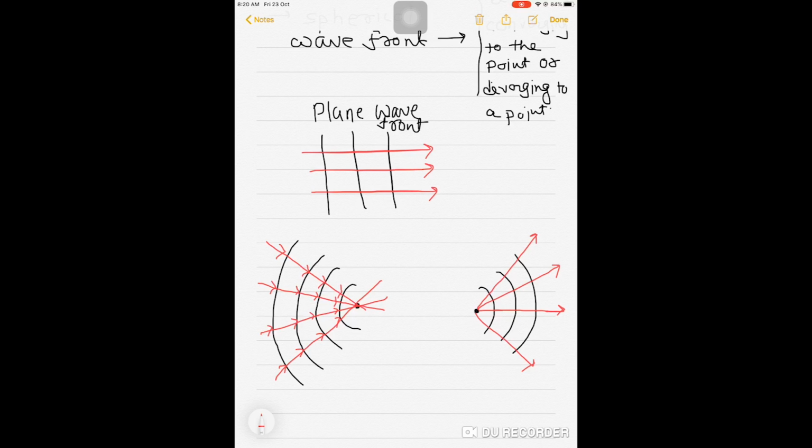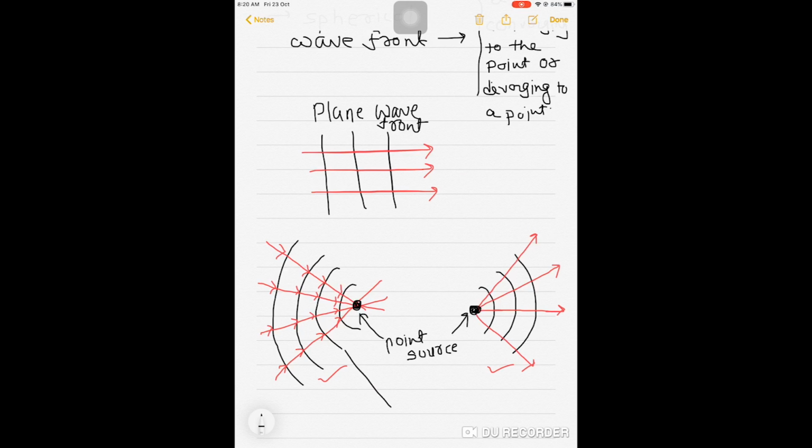So these are the converging and diverging nature of light rays when the source is a point. So here we have to consider that these are point sources, and these are spherical or plane wavefronts.